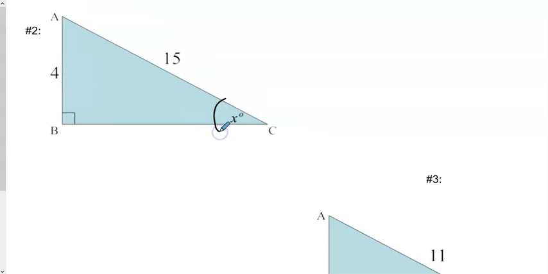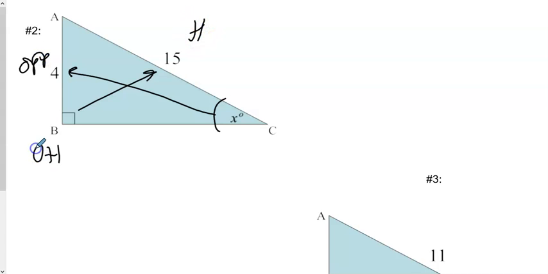All right, where's our angle? It's right here. Notice we do have the hypotenuse, so we know it's not going to be tangent. It's going to be sine or cosine, because we have that h. Now from C, what do we have? We have opposite. So opposite is sine. So sine of our unknown angle equals opposite over hypotenuse.